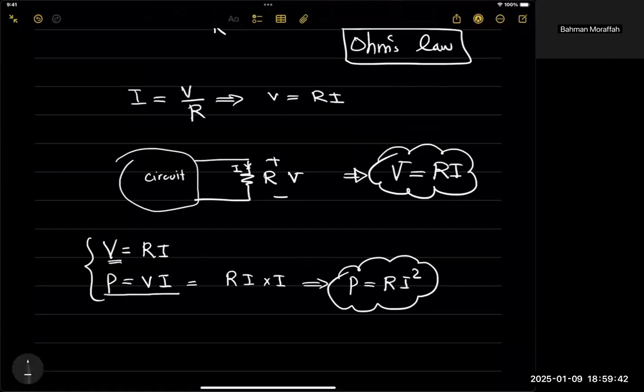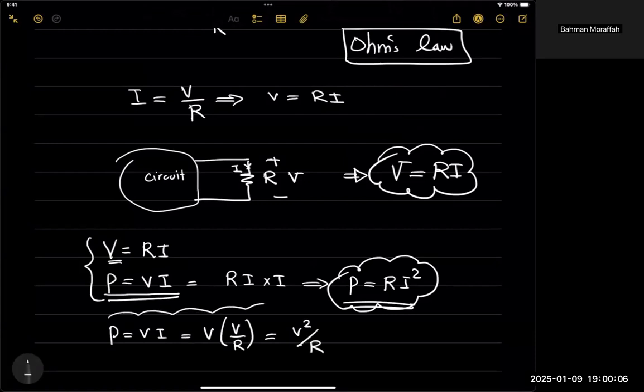This is a very general formula, but this one is only true for a resistance. We can also replace I by Ohm's law. So if I do that, I have V times V over R. So I have V squared over R. So this is another formula for the power.